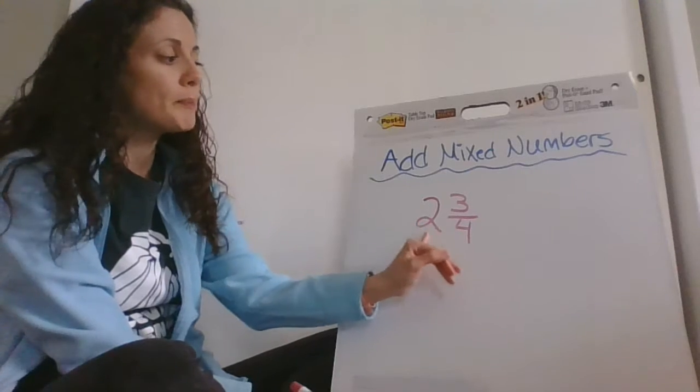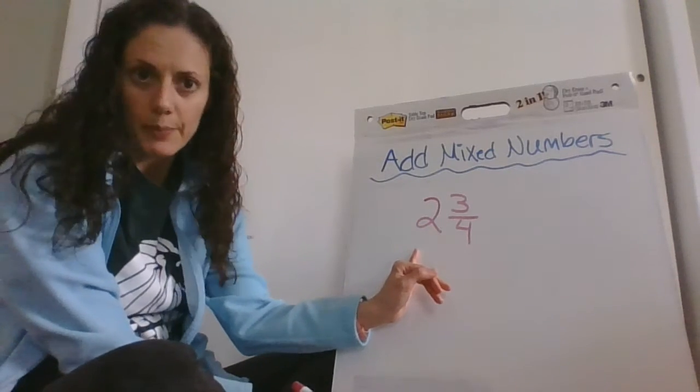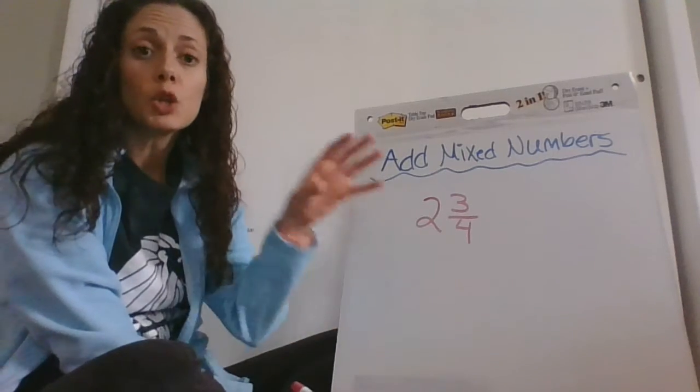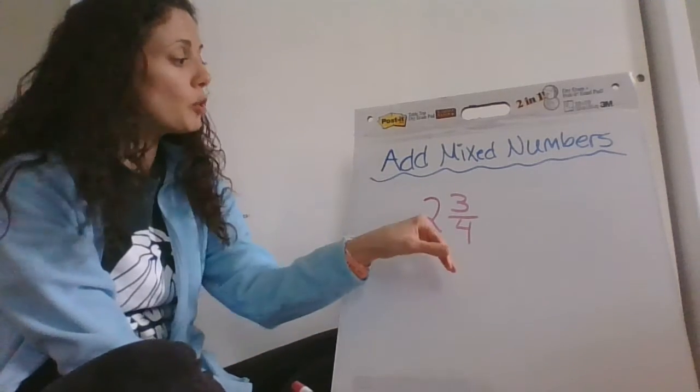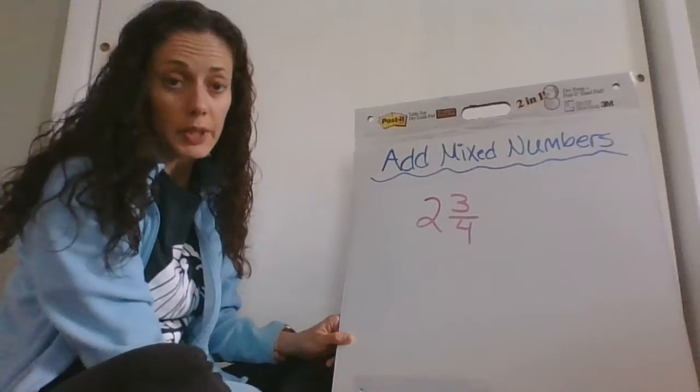A mixed number represents something that's not a whole number. It falls between two whole numbers. So if I have the number 2 and 3/4, let me show you where that would fall on a number line.